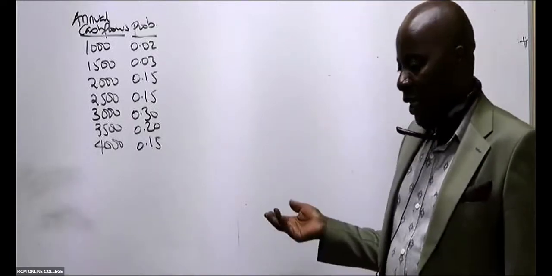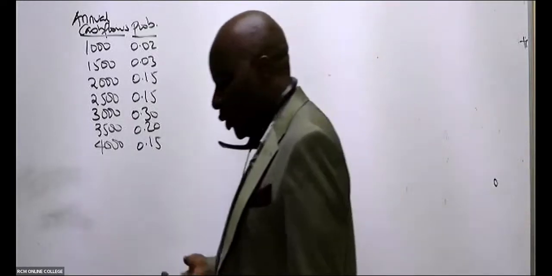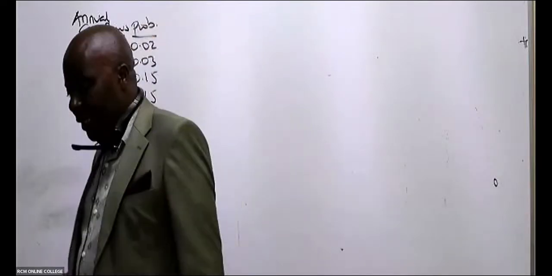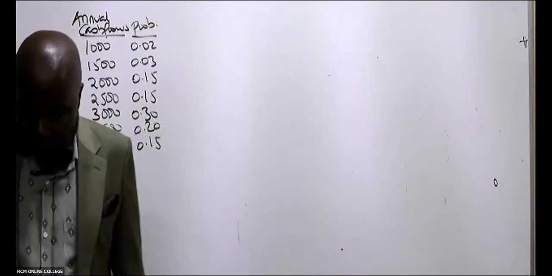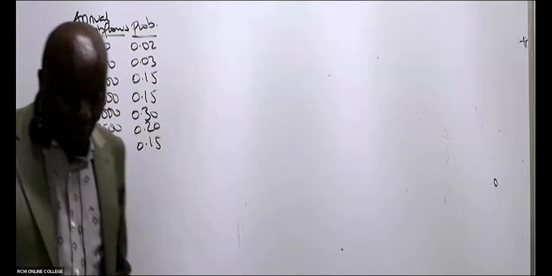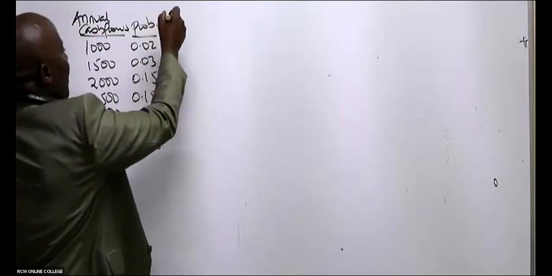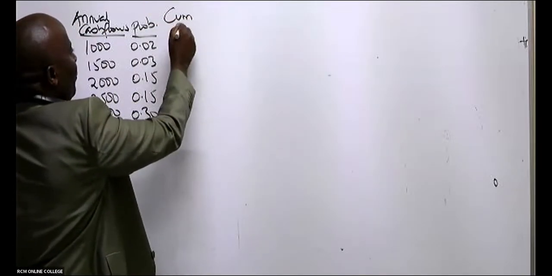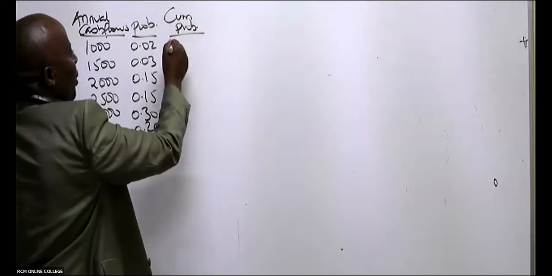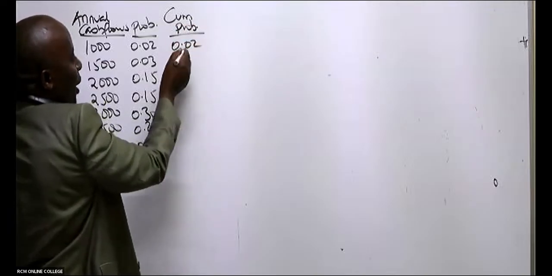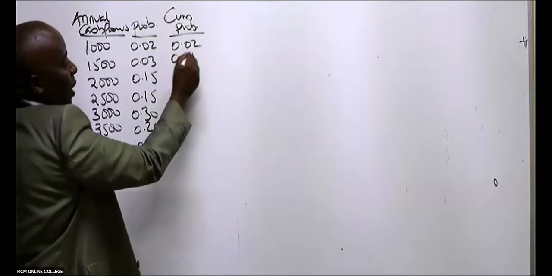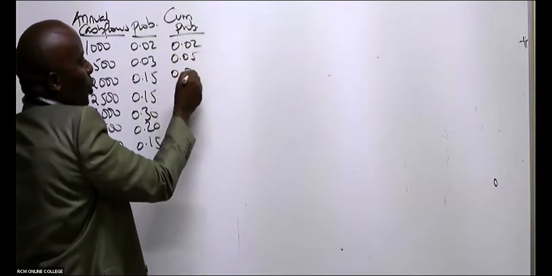So first of all, we get the cumulative probabilities. So go ahead and give me the cumulative probabilities. So we have 0.02. If you add this one here, it is 0.05. So this will be 0.20.